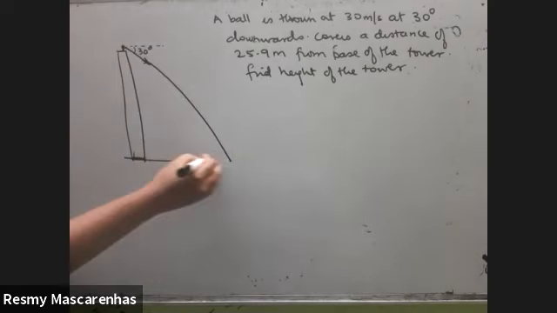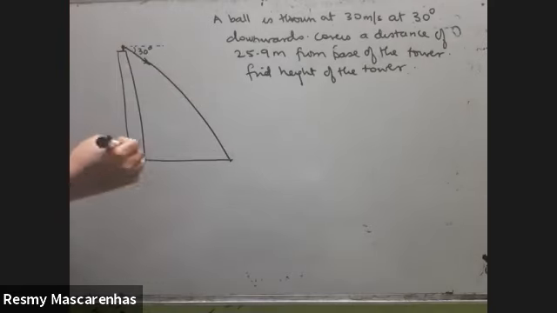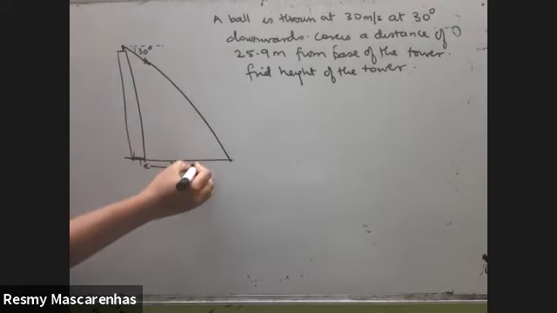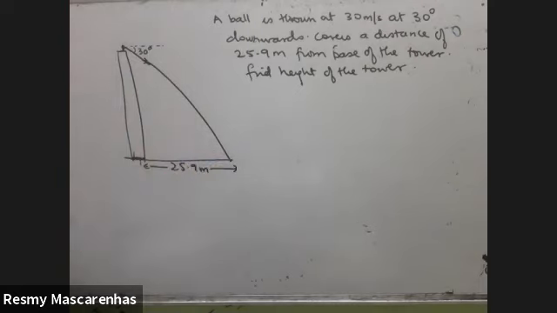And it covers a distance from the base of the tower to this point, 25.9 meters. And it is thrown at 30 meters per second. So this is all the data we know. We have to calculate the height of the tower.